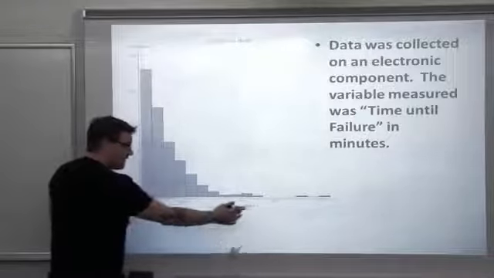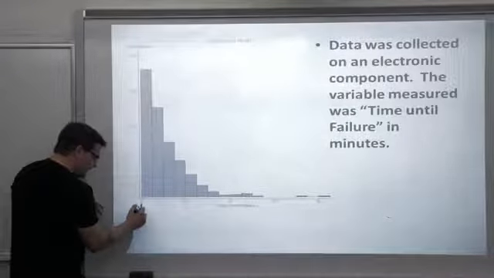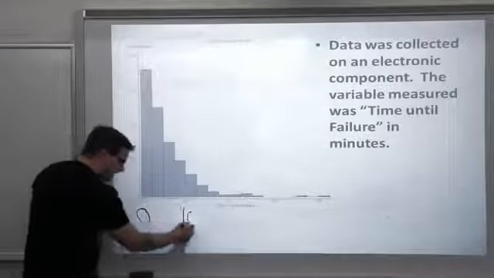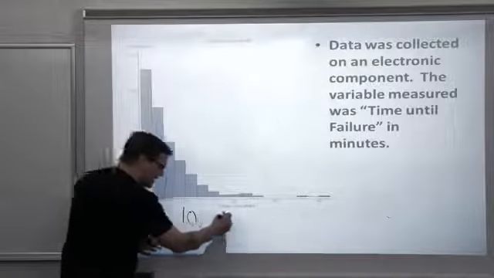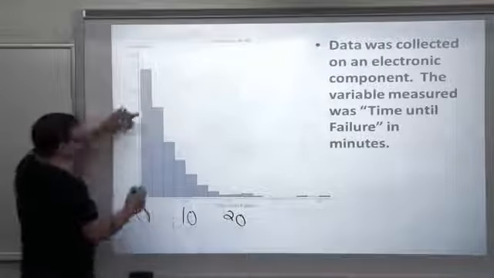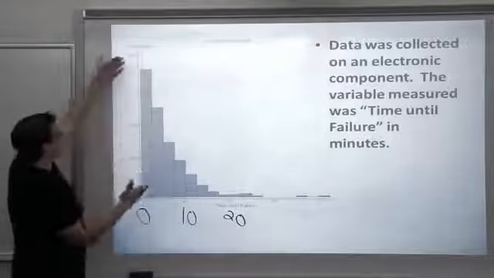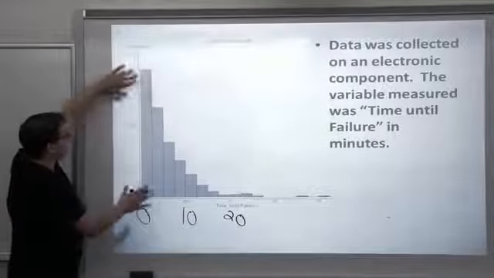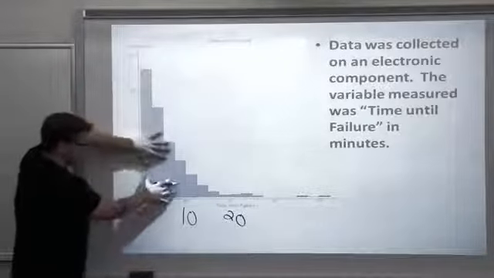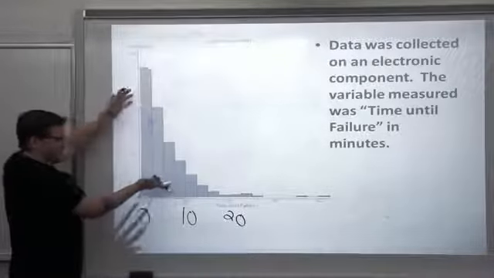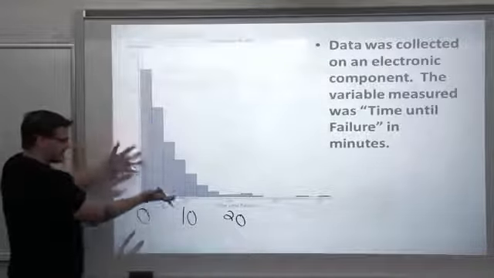This is time until failure, measured in minutes. So just so you can pick this up on the video, 0 minutes, 10 minutes, 20 minutes. Here's the data. There's quite a bit here, this is 200, so maybe 175 here, plus, plus, plus. Maybe they ran 300 or 400 tests.